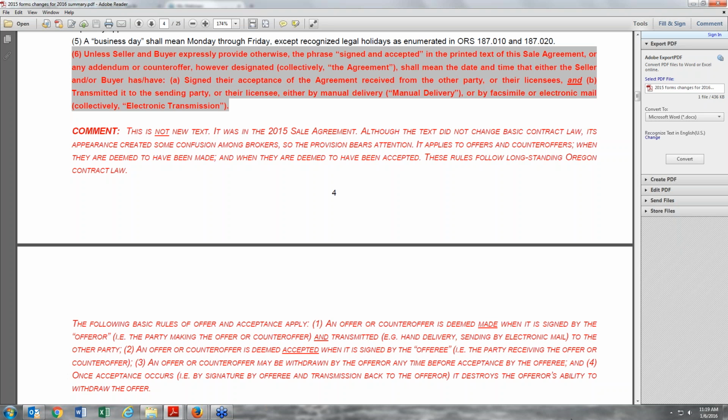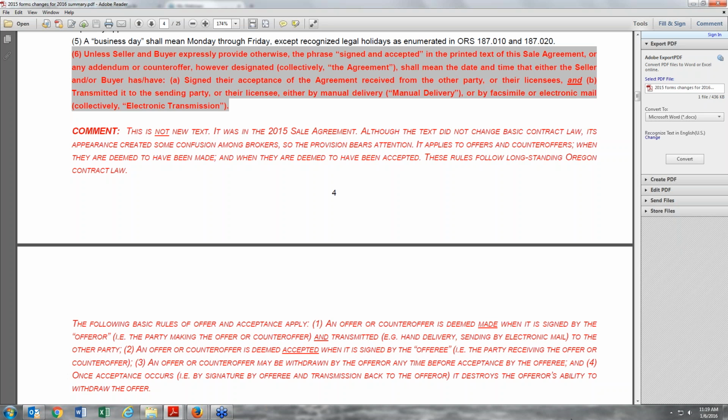Now I say transmit, I didn't say receive, which means that the minute that the seller or the listing agent in the transmission process hits send, let's say it's a PDF in an email, the minute they hit send, then all of a sudden, bang, that is when the transaction becomes binding.